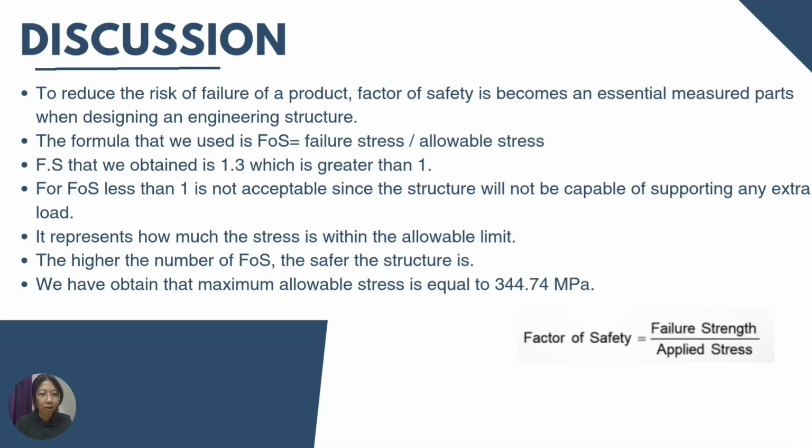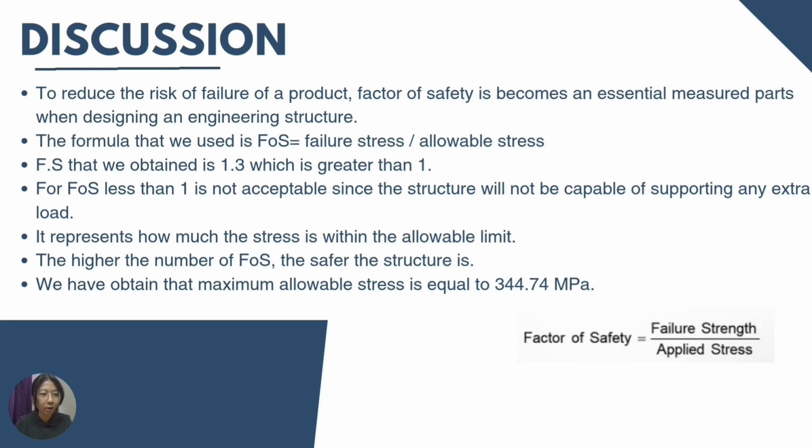Next is our discussion. We have discussed the factor of safety of the structure. Factor of safety is an essential part when designing an engineering structure. We have used a formula which is F of S equals failure stress divided by allowable stress. Then we obtained an F of S equal to 1.3, which is greater than 1. An F of S less than 1 is not stable, since the structure will not be capable of supporting any extra loads.